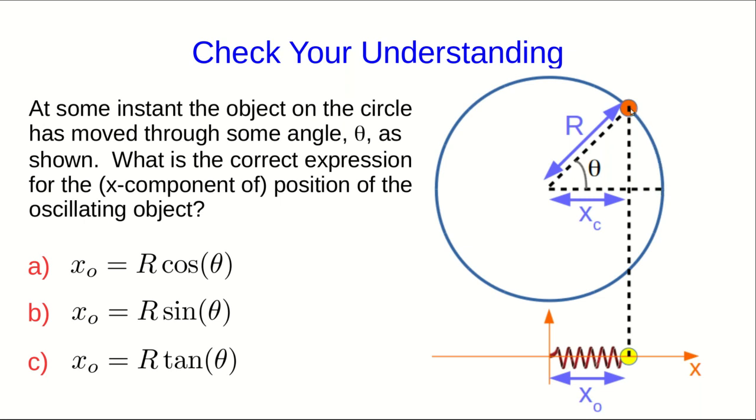And I want you to figure out what the correct relationship is between X_O and R and theta. So if you are in the course, Moodle will now get you to answer this question. Otherwise, I suggest you pick an answer before you go on to the next part of the video.